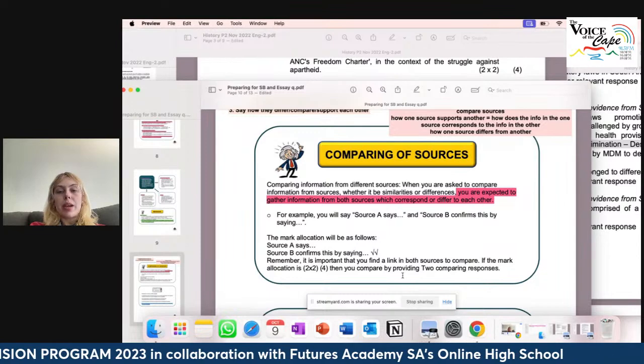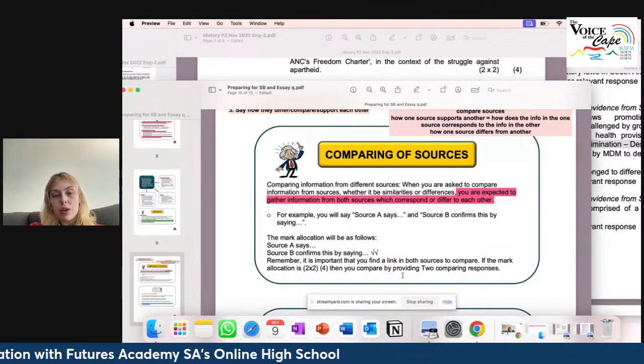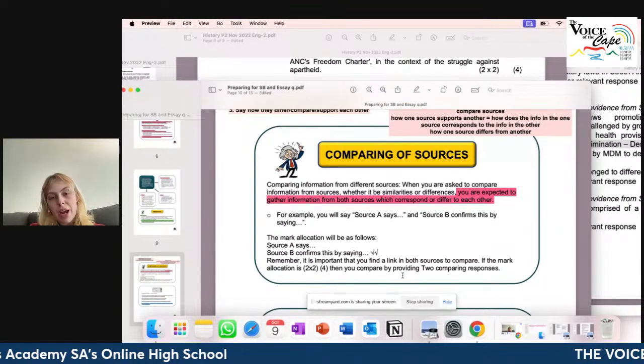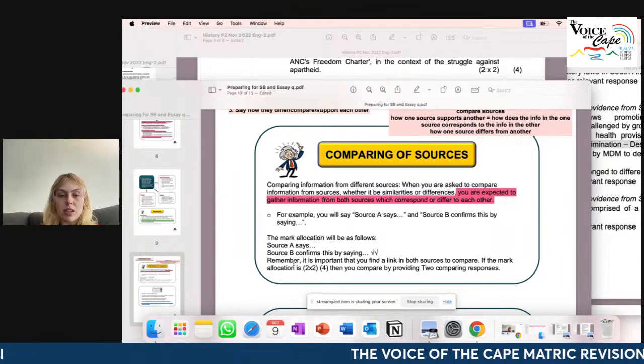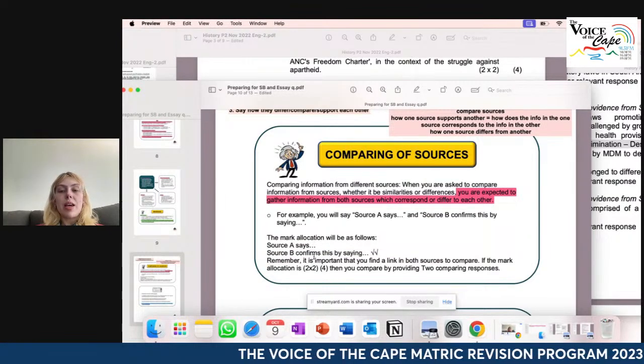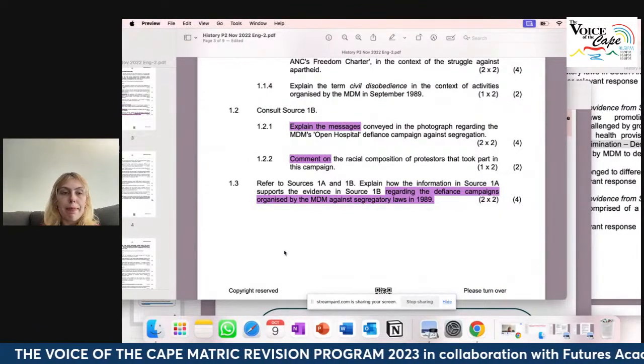For example, you will say source A says this and source B confirms this by saying. So, you get 1 mark for one comparison, not 1 mark each for saying this source says this, that source says this. Compare them. And then you need to give 2 comparing responses for the 2 times 2 equals 4.